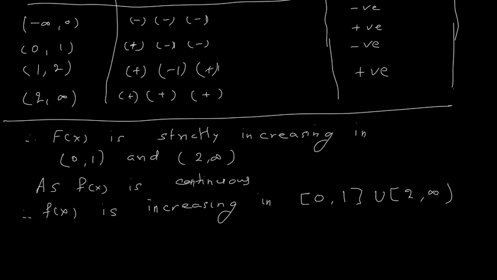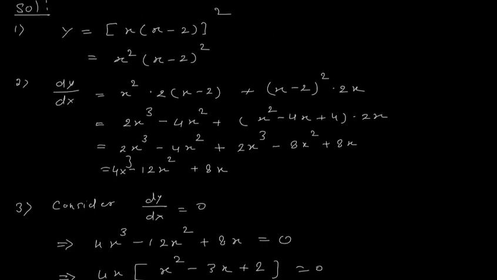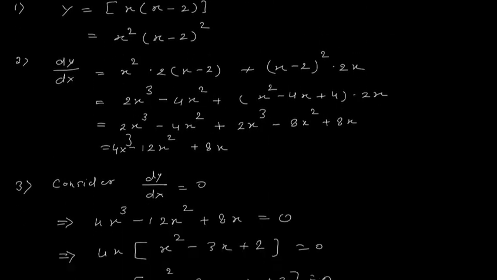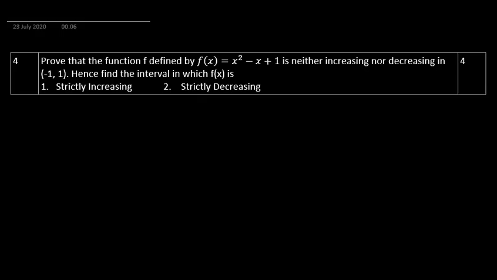So the function is increasing in [0, 1] union [2, infinity). Okay, simple question: we have to check where this function is increasing. Now let us move to the next question.